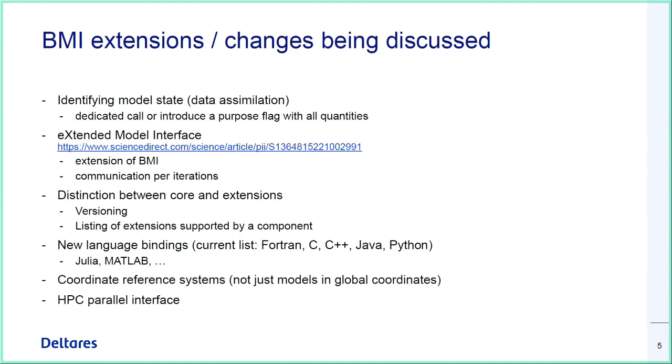So that's where the idea of an extended BMI was introduced. Triggering the next point, should we have a BMI core that you can implement and then have BMI extensions that not everybody needs to implement?